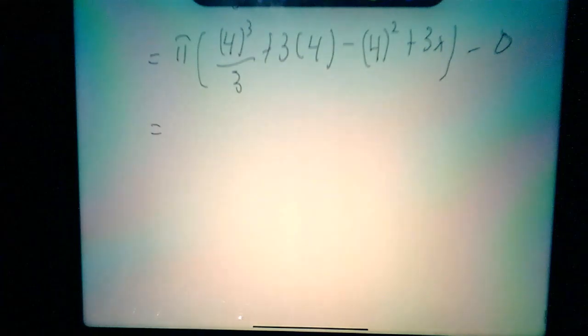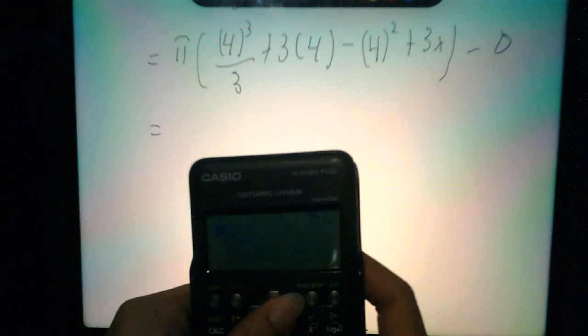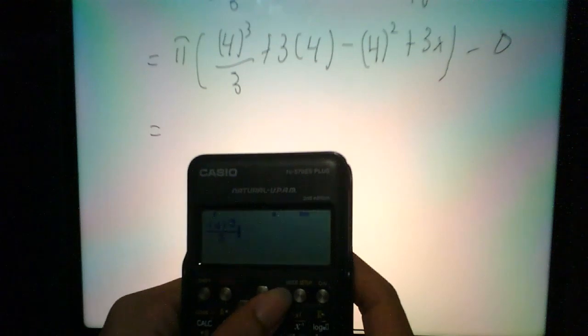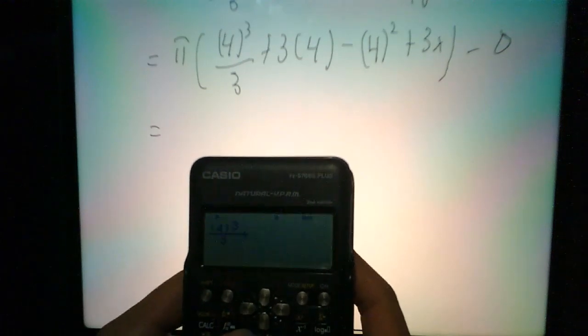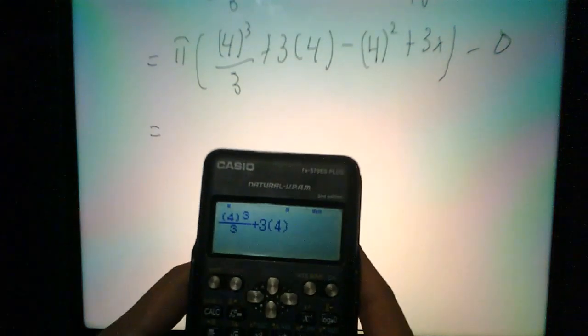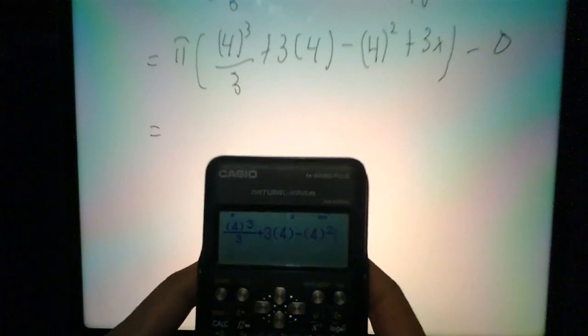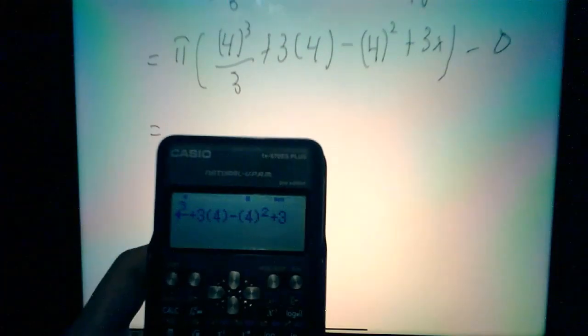Let me get my calculator here. So 4/3 and 4 is raised to 3 plus 3 times 4 minus 4 squared plus 3 times 4.